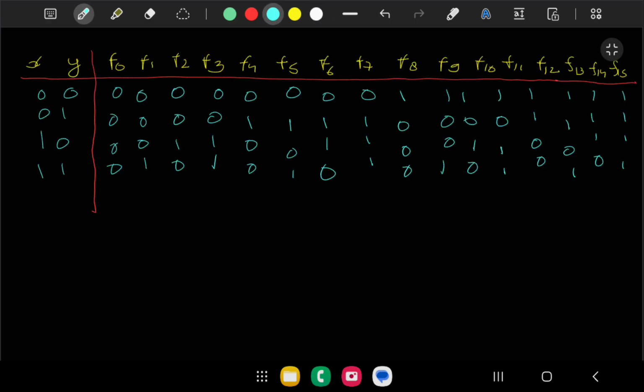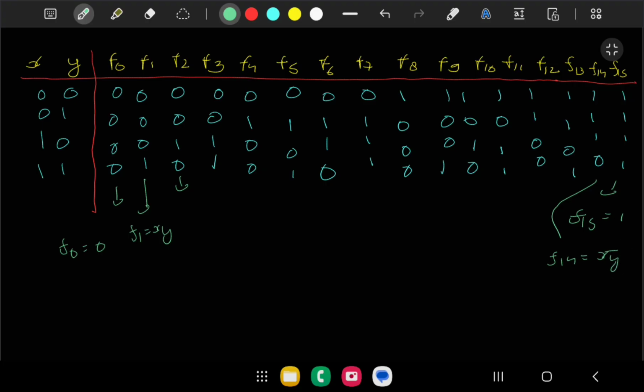So you can see what is this function. F0 is simply 0, F1 is xy. This is your AND actually. F15, if you can say, then this is 1. F14 is NAND.